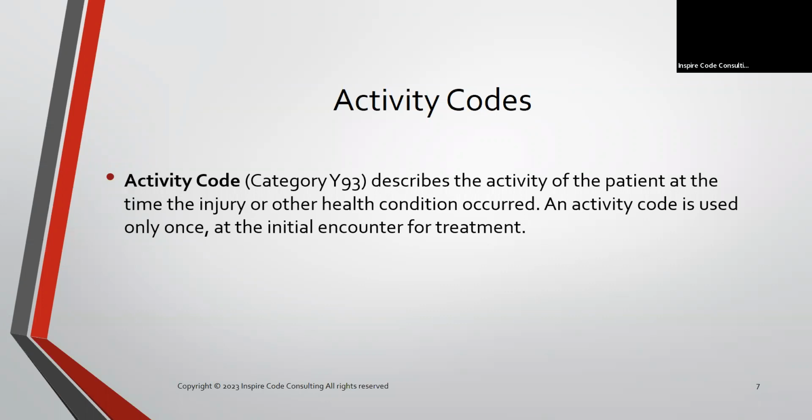The only time you would probably code a fall or motor vehicle accident again is maybe if this person is going into surgery. That will be the only other time. Other than that, this will never be coded again, only the very first time when it happened.